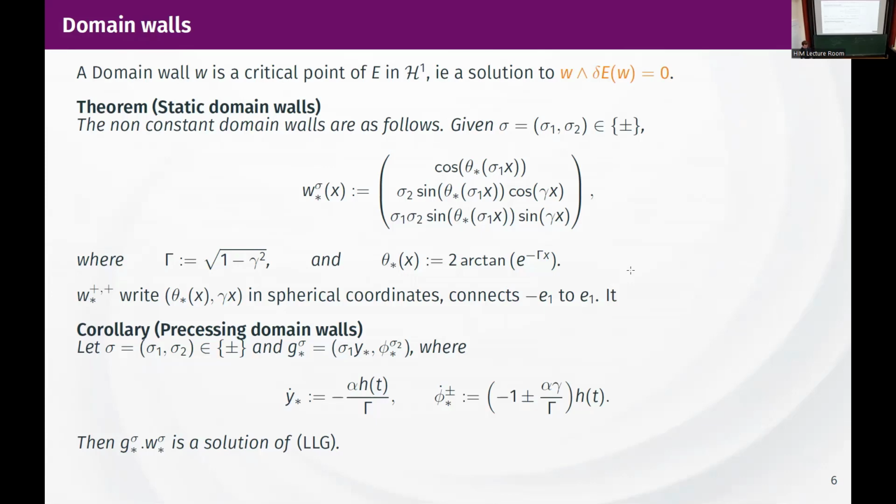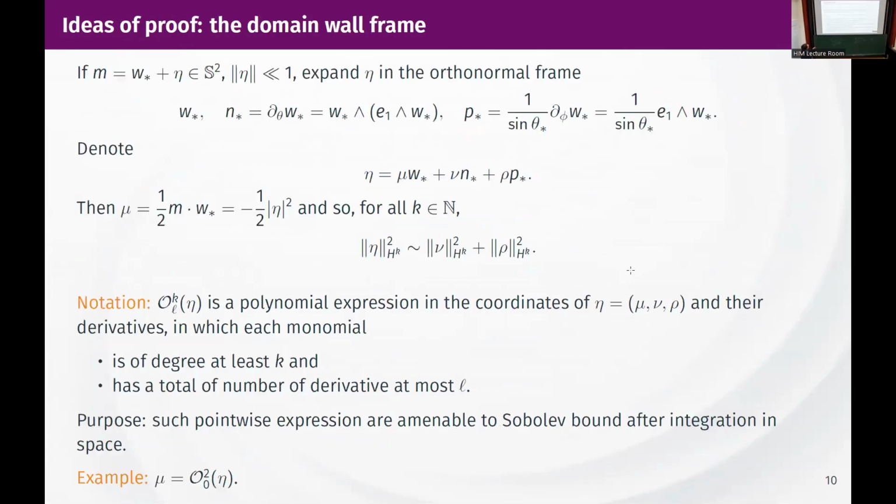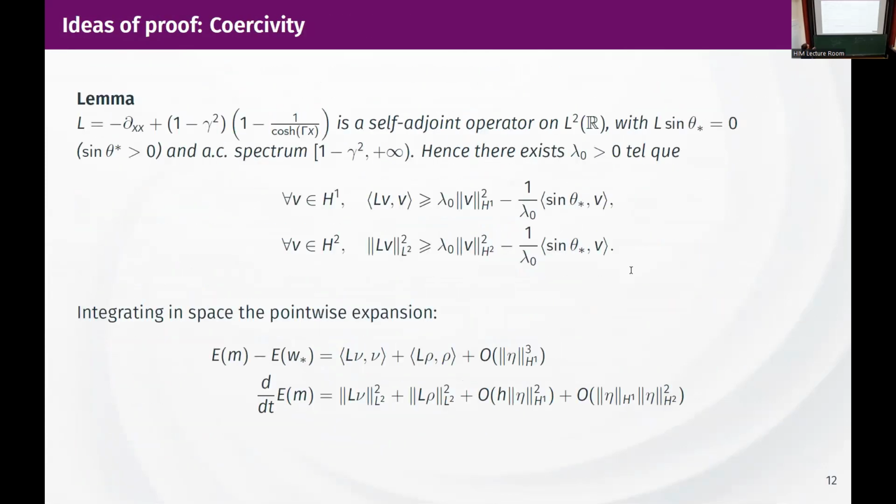Right? So how does your stability behave if you send gamma to ±1, what happens? Yeah, the constant goes up. The coercivity constant, for example, here, depends on 1 minus gamma squared. So at the linear level, you really lose stability.